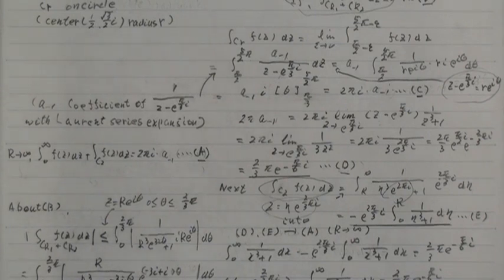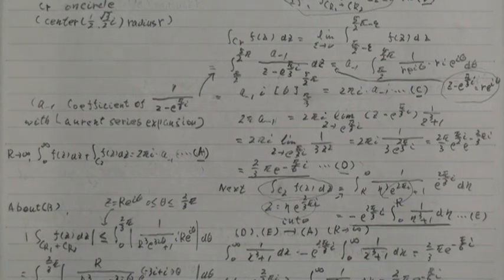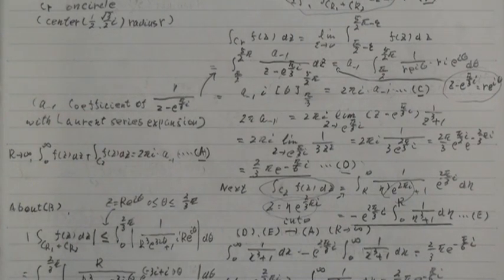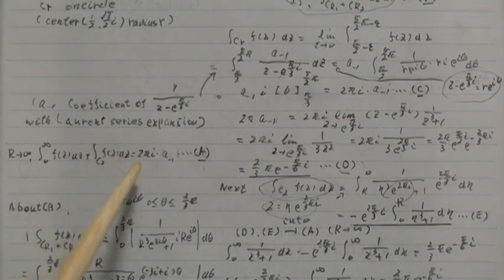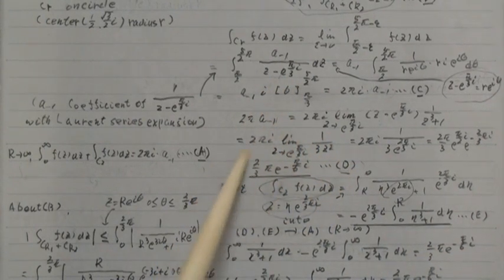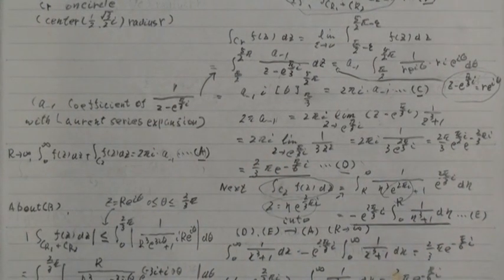Substituting D and E into A, the integral over C2 equals 2 pi i a minus 1, and this equation.